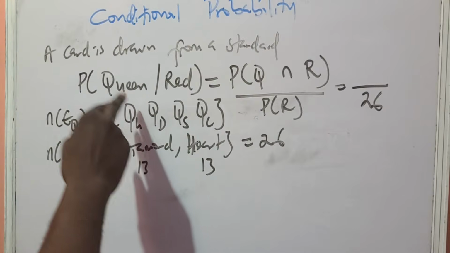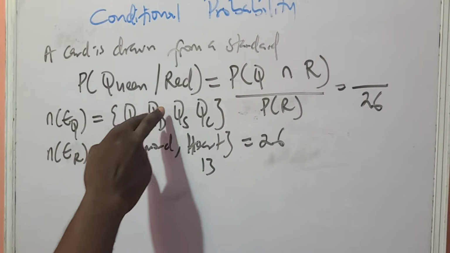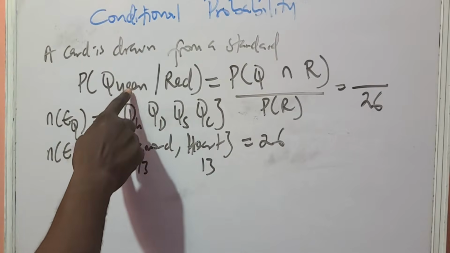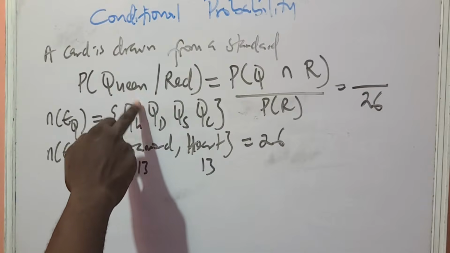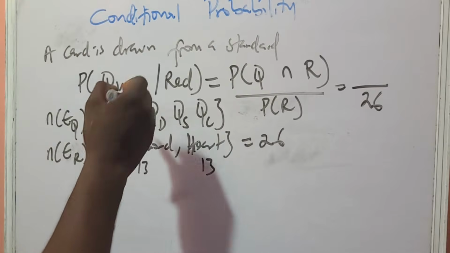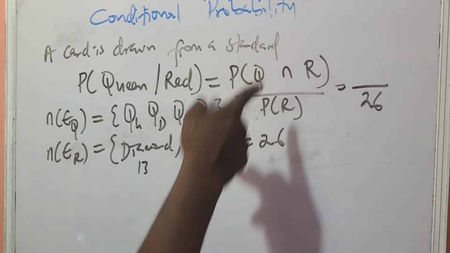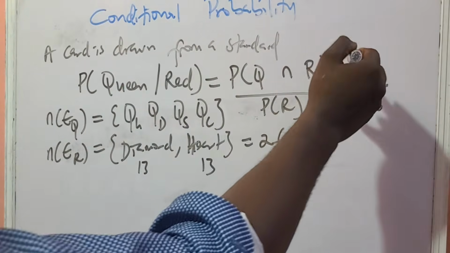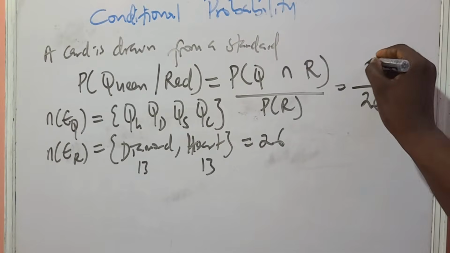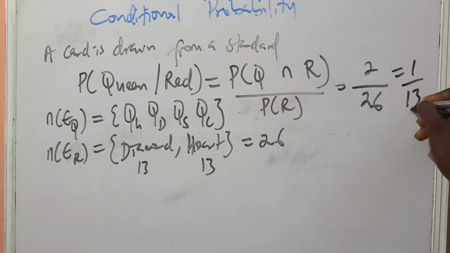So the intersection will be just these 2, which are present in both event spaces. So the intersection is 2 elements. The total answer will be 2 over 26, and that will be 1 over 13. That's how it works. All right.